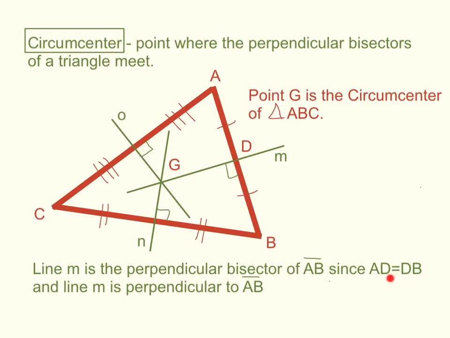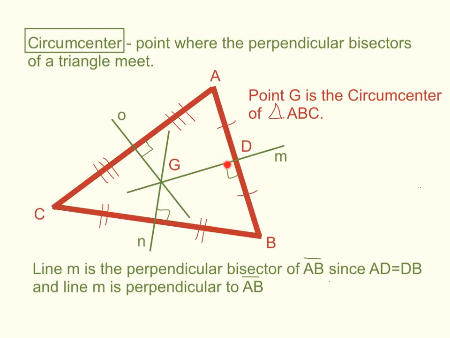Since AD is equal to DB. Now, what this means is the measure of AD and the measure of DB, their lengths, are equal. I'm not saying that the segments are equal, I'm saying that their lengths are equal. And that, of course, makes D a midpoint.